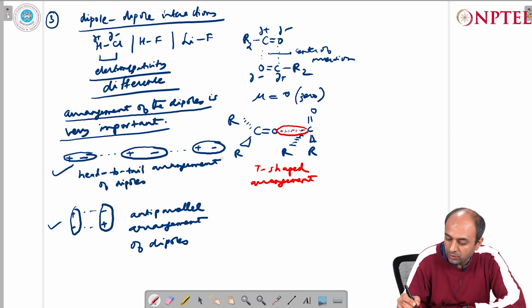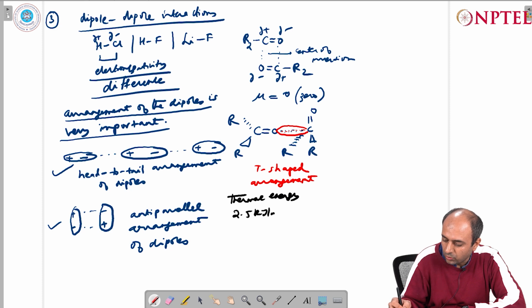But it is also important to keep in mind that the thermal energy, which is around 2.5 kilojoule per mole, which is essentially of the magnitude of RT, around 0.5 kilocal per mole, is responsible for disrupting the molecular arrangement because it tends to randomize the dipolar orientation because of the thermal motion associated with it, and that can also minimize the dipole-dipole interactions and reduce the overall stabilization.